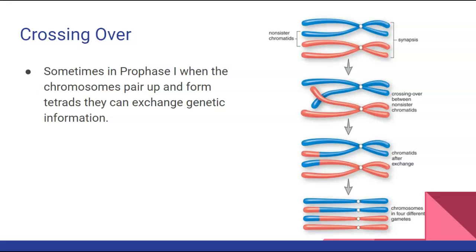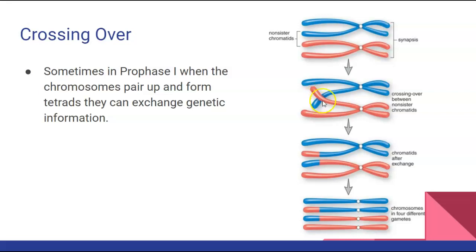it will happen. So when the chromosomes pair up in prophase 1, and you have your one from mom, your one from dad here, sometimes they will kind of loop together, as you can see in this part right here, and they will exchange genetic information.